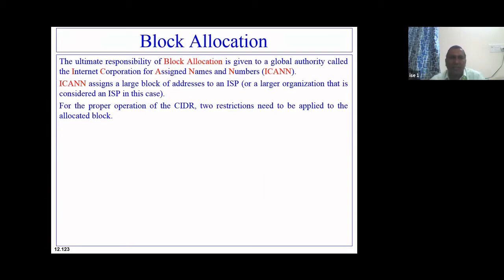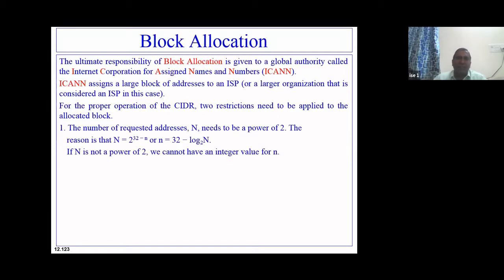This ICANN assigns a large block of addresses to Internet Service Providers, a bulk of addresses to an ISP. And for proper operation, CIDR imposes two restrictions.